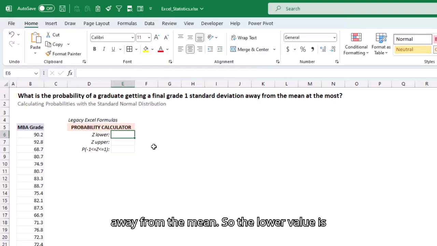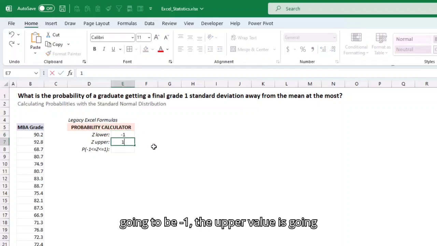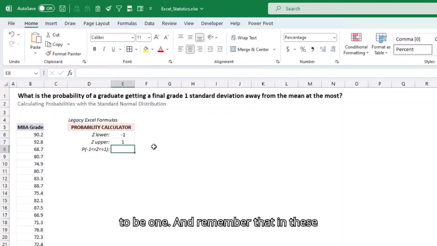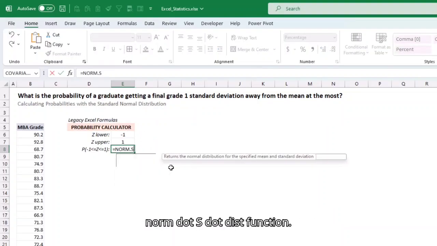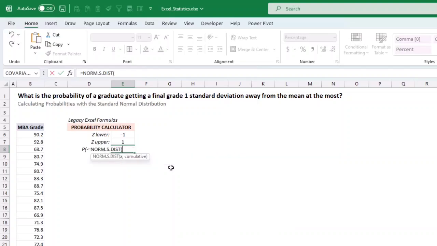So the lower value is going to be negative 1, the upper value is going to be 1, and remember that in these cases where we want to calculate the probability between two values, we need to calculate the cumulative probability for the higher value first, and then subtract the cumulative probability from the lower value. So let's write our norm.s.dist function.